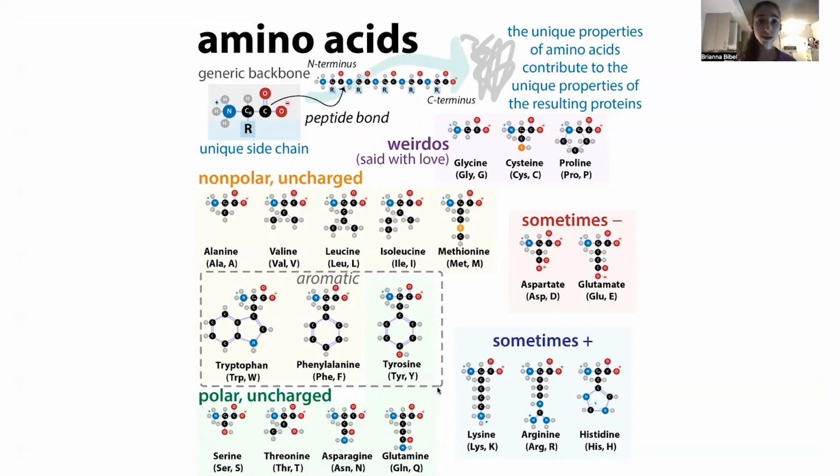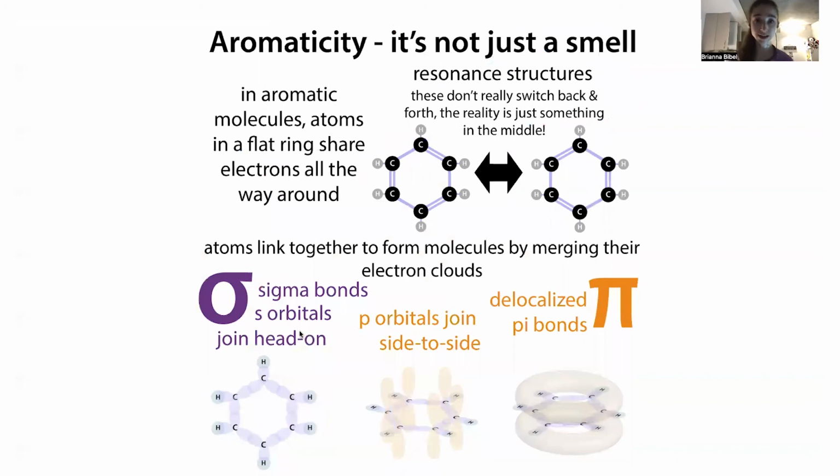Another way that we can characterize amino acids is the aromatic amino acids. These are the ones that have aromatic rings in their side chains. We talked about resonance before, electron conjugation, in the context of the peptide bond, where you have the sharing of electrons between more than two atoms.